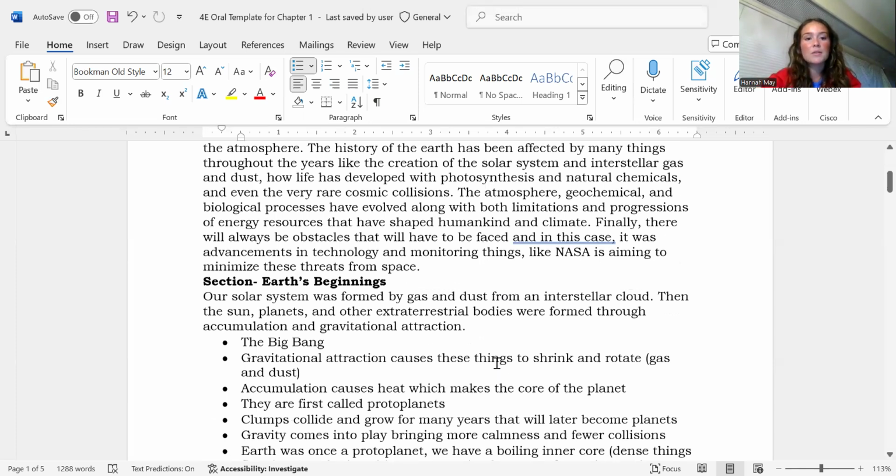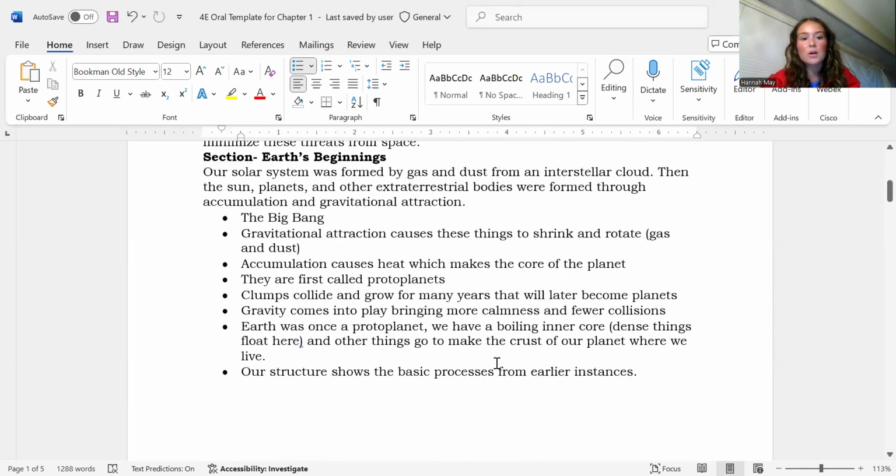The first section that I'm going to talk about in our book is called Earth's Beginnings, and this one is just talking about how our solar system was formed by gas and dust from the interstellar cloud, like I just talked about, and things like the sun and the moon and the extraterrestrial bodies that we all know came from accumulation and gravitational attraction.